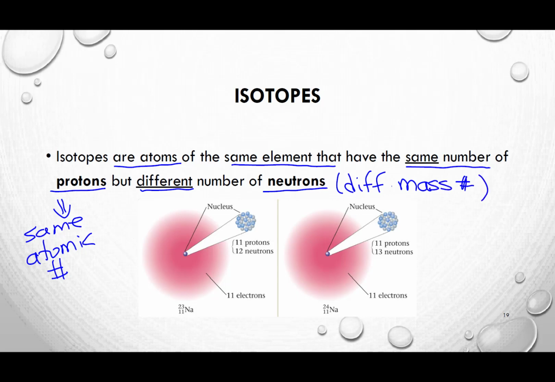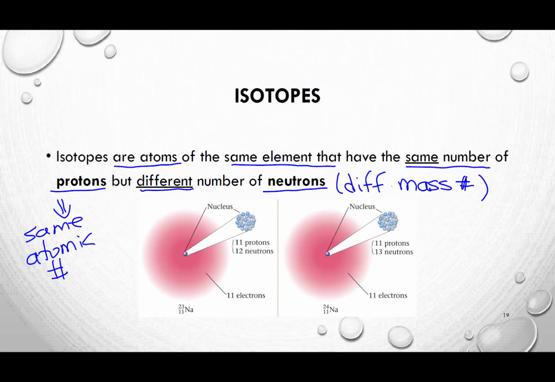Okay, that's what it is. That's the definition of isotopes. Isotopes are atoms of the same element with the same atomic number but different mass number. Okay.